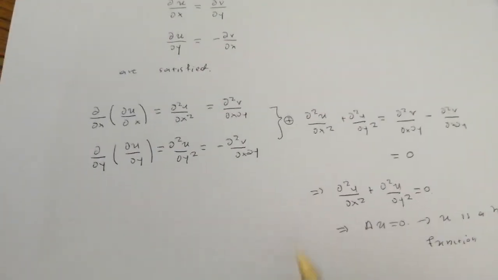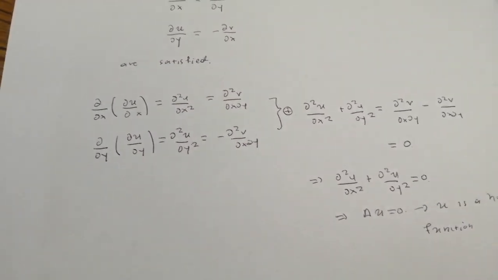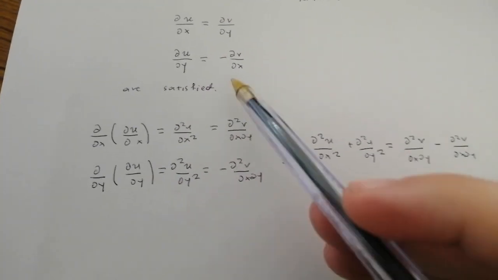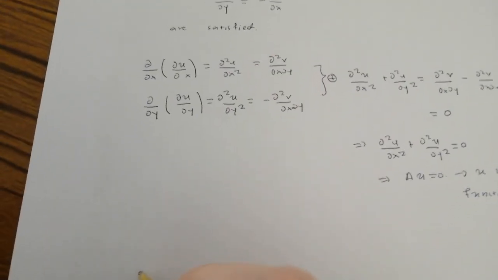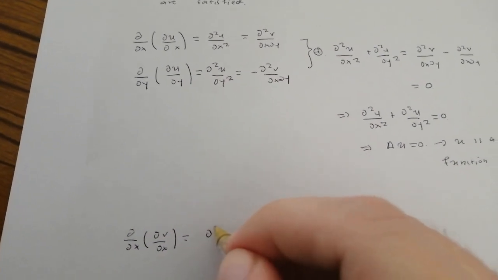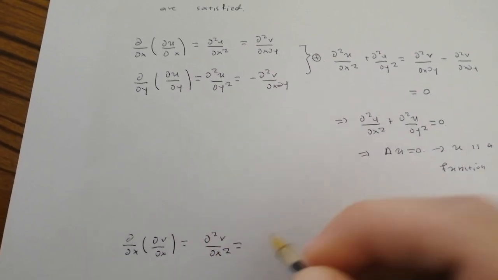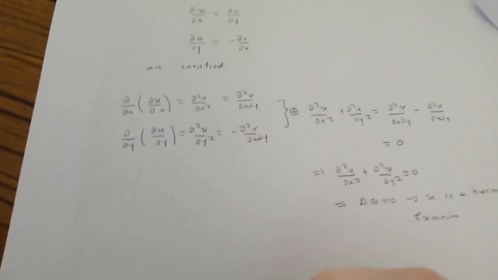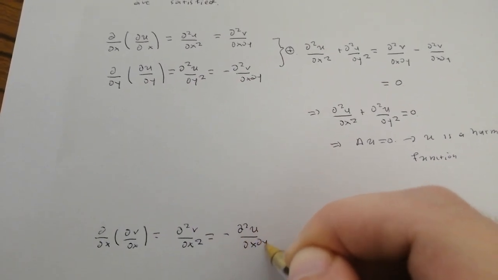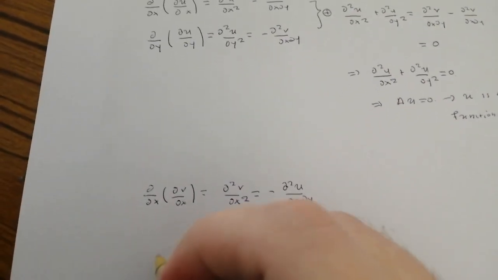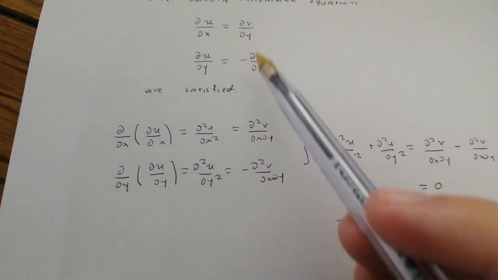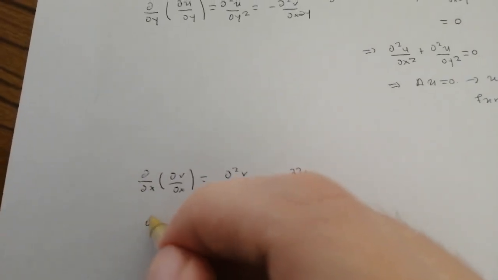Now let's take care of the function v and show that function v is also a harmonic function. We go from here, we take the derivative with respect to x, and this is the second derivative of v with respect to x, which is minus this mixed derivative over here. And then we go to the first relation, we take the partial derivative with respect to y.